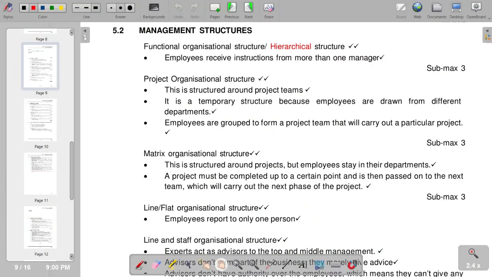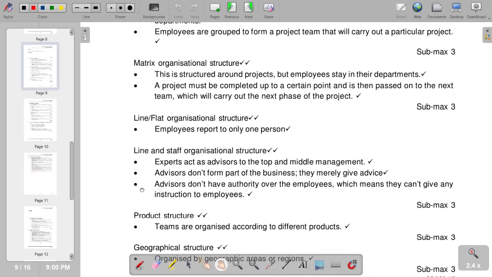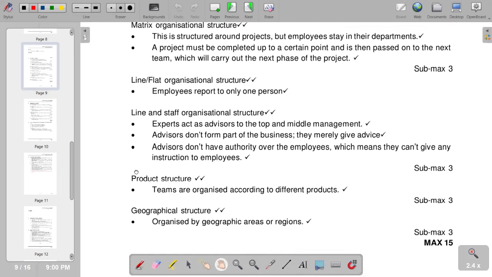So these are our management structures. We also have the line and staff organizational structure, product structure, and geographical structure.